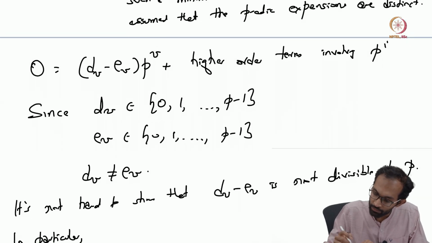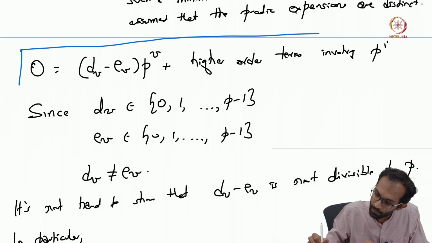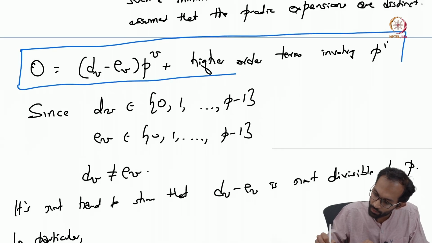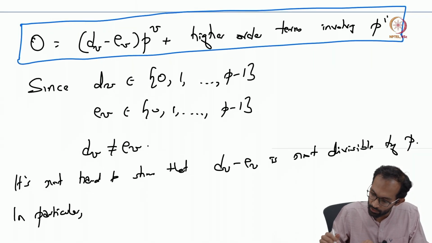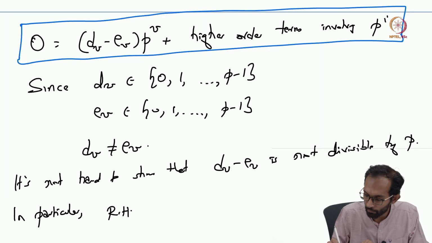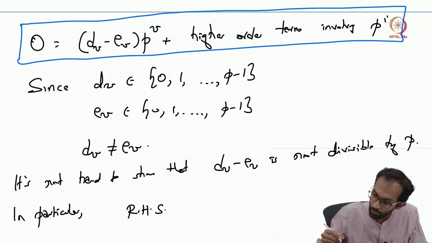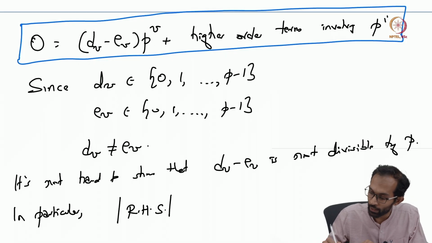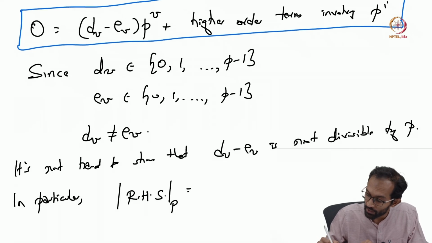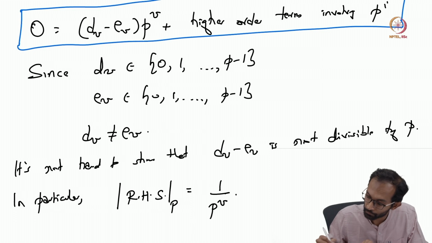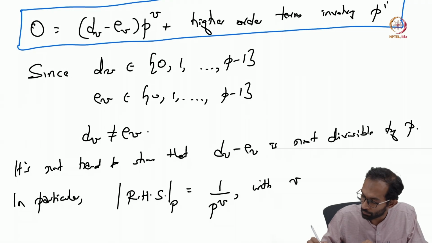And so in particular, what this means is that if you look at the right hand side and evaluate the p-adic absolute value, this is exactly 1 over p to the v, with this v being a natural number.